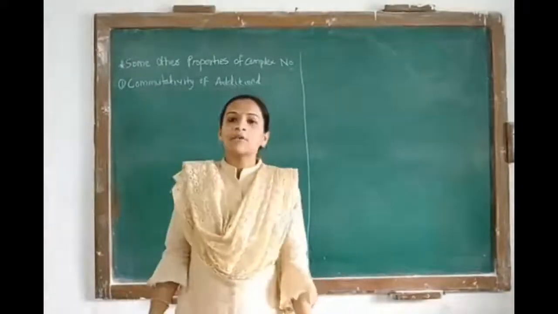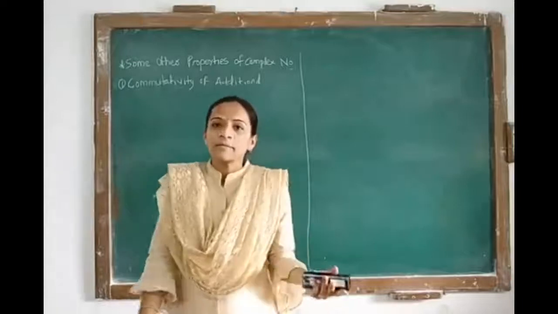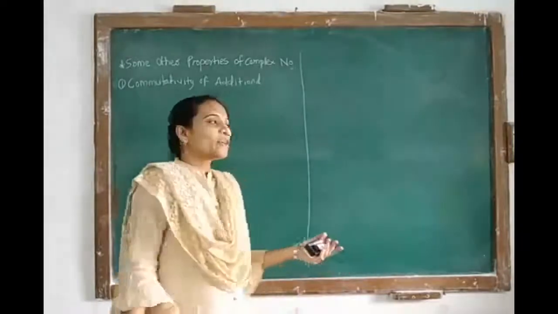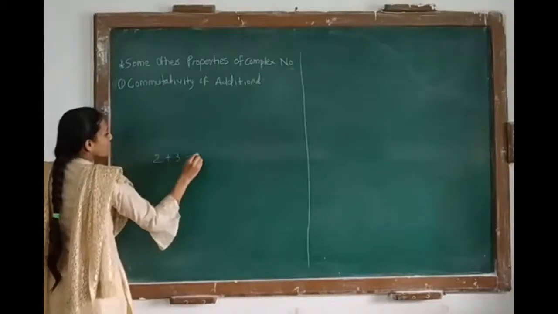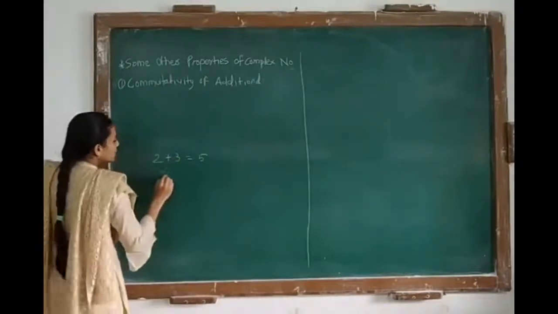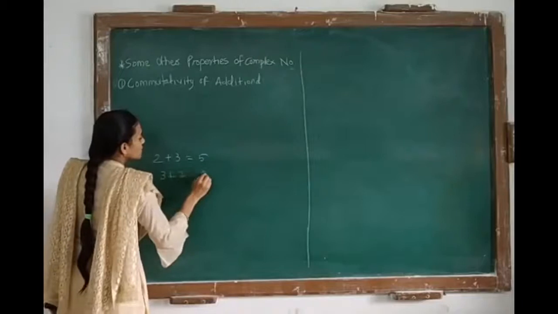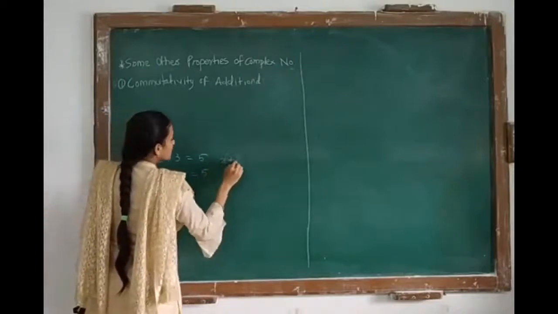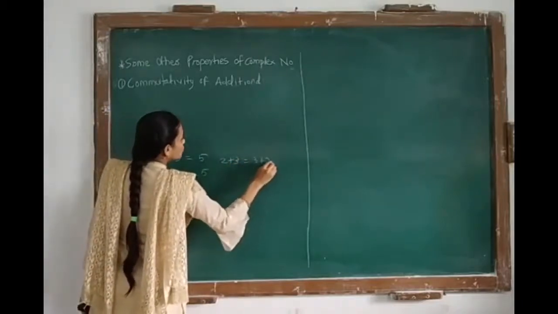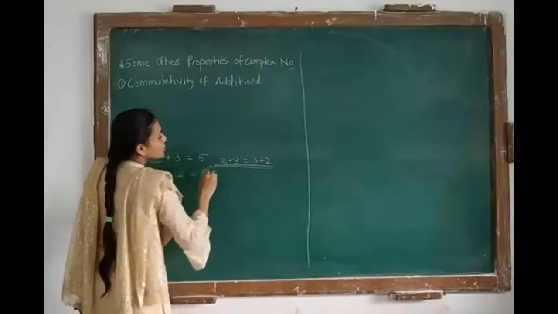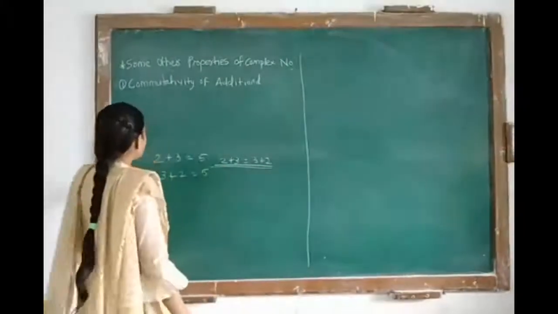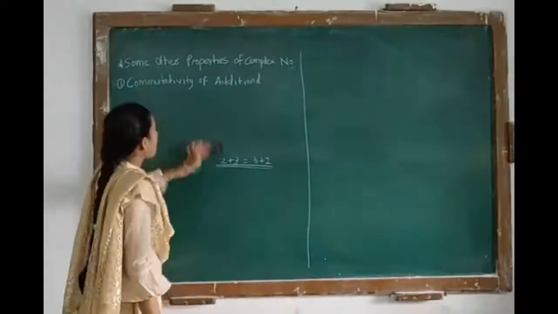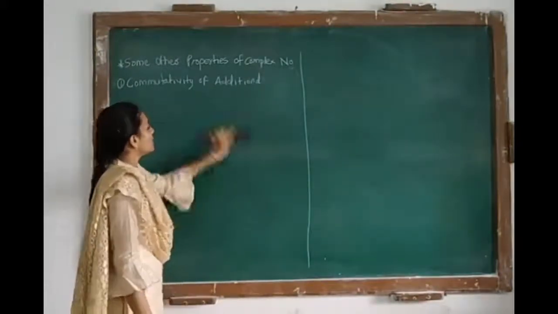Commutativity means, for example, with real numbers, 2 plus 3, how much? 5. Also 3 plus 2 is 5. This means 2 plus 3 and 3 plus 2, these both additions are equal. That means addition is commutative.